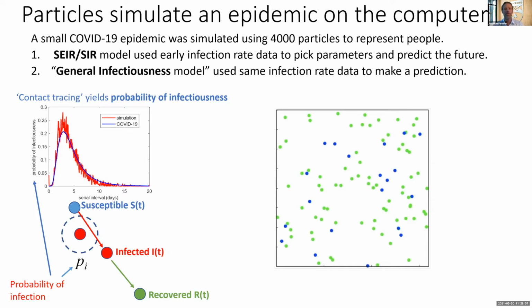We wanted to compare this to a second model that I'm coining as the general infectiousness model. And this model is much less well known, although it turns out that its historical roots are just as old and possibly older than the SEIR and SIR models. And so we believe this is a first comparison that's been made of actual solutions to these models in the literature. And so we're hoping to finish writing this up and publish this hopefully in the near future.